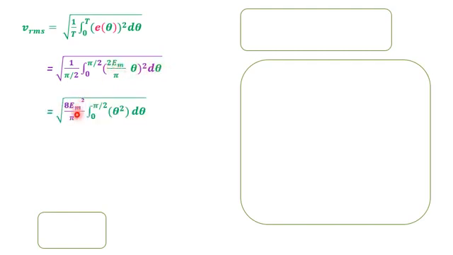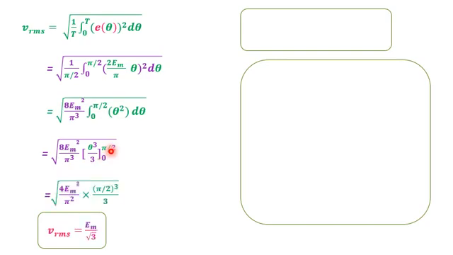Taking the constants outside and integrating theta square, the integral of theta square is theta cube by 3, and substituting the limits 0 to pi by 2, we get the RMS value as Em by root 3. That is the same as that of a sawtooth. So the RMS value for a triangular wave is maximum value by root 3.